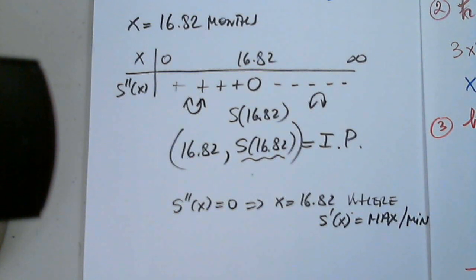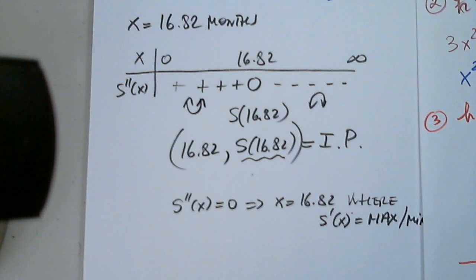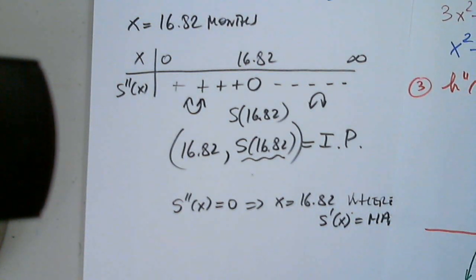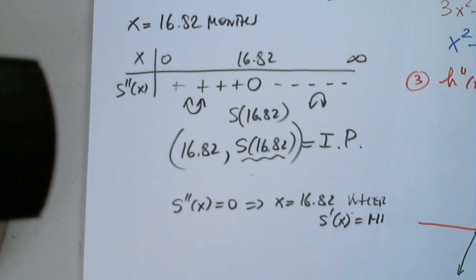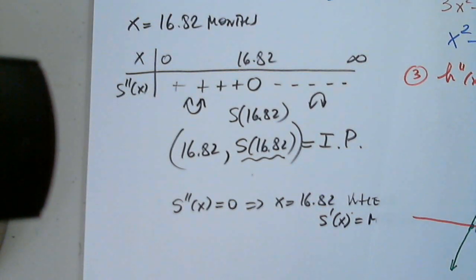Let me just come back to this for a second. It says, interpret its meaning in terms of the rate of change. The rate of change refers to S prime. So all it means is, at an inflection point, the first derivative, which is the rate of change, is either max or min.